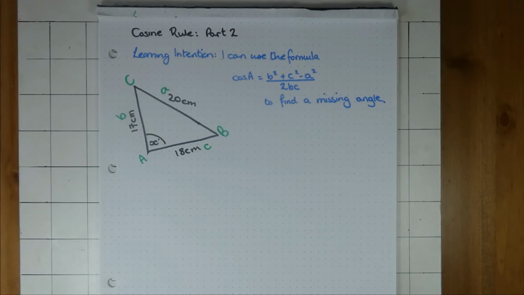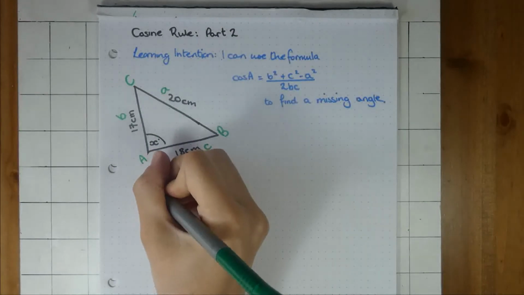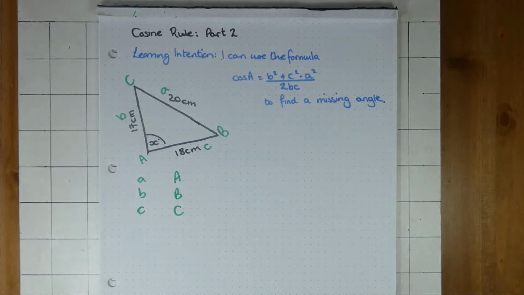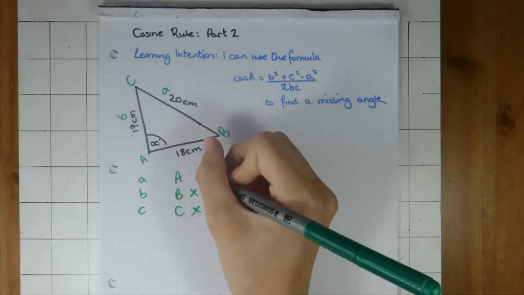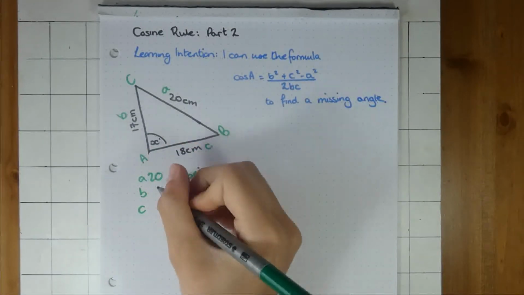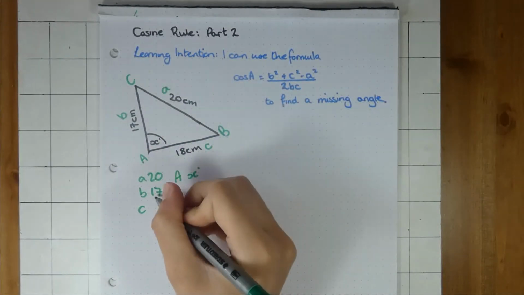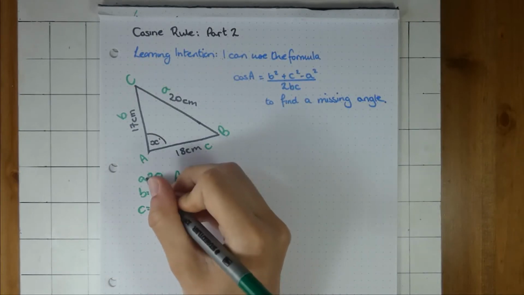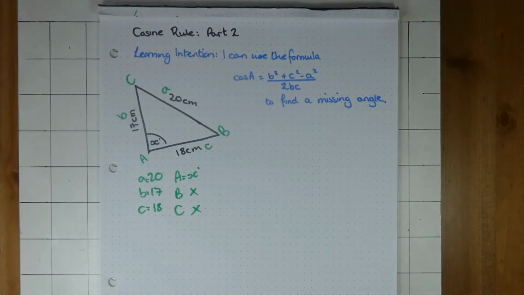Okay. I'm going to make my list because I like my list, it makes me happy. So I have A, B, C, big A, big B, big C, don't know. But this is what I'm looking for, is angle X. A is 20, B is 17, C is 18. I've written out my list, all the data is really clearly written down for me. So the question is now putting it into the formula.